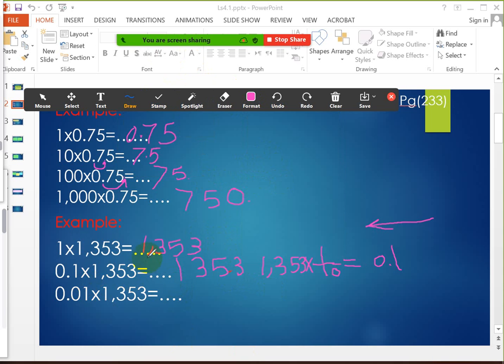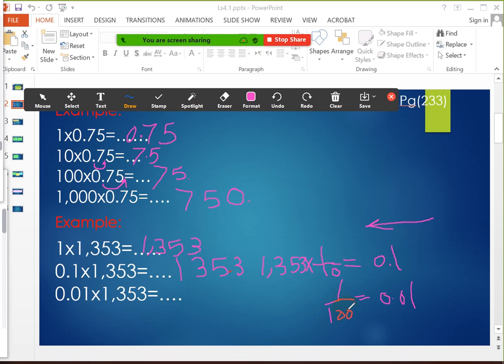Now, look at 0.01 multiplied by 1353. You know that 1 over 100 is the decimal 0.01. So this is the equivalent fraction for 0.01.